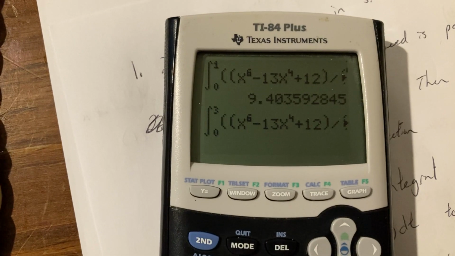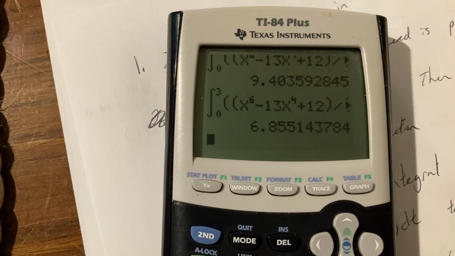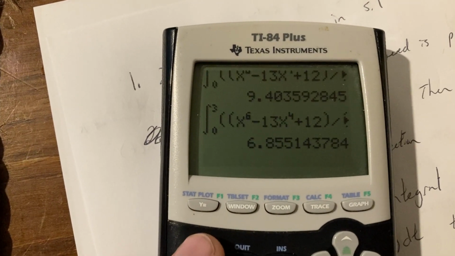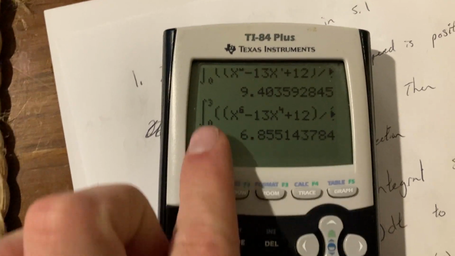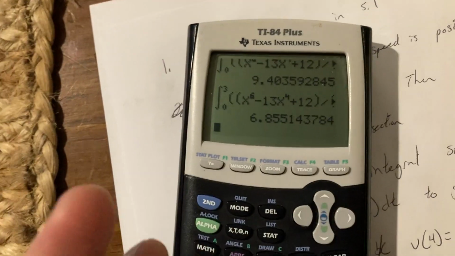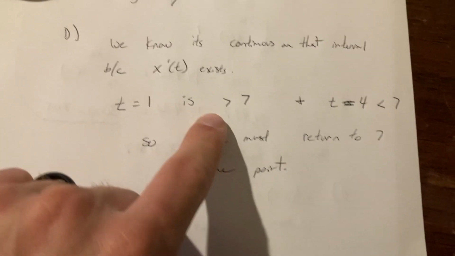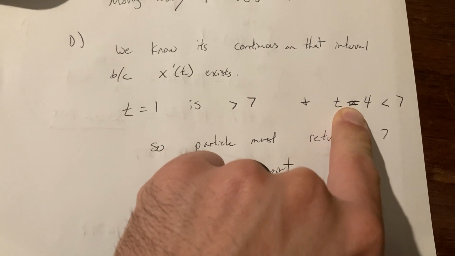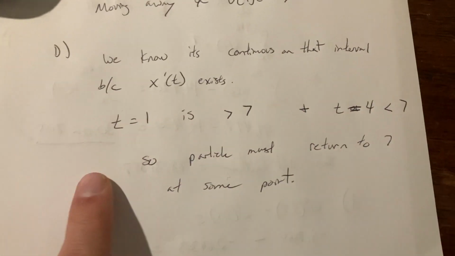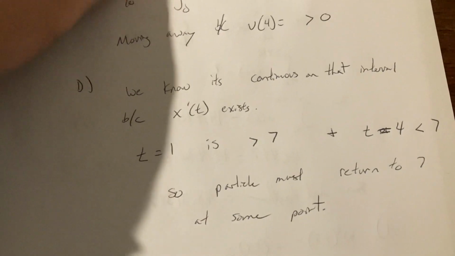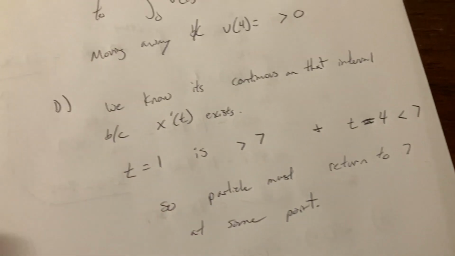Here's 3. See, 3 wouldn't have done it. We'd have been like, I don't know, but we're just plugging it in and guessing. But because at 1 it was greater than 7, we knew we were good. So then it's just like, okay, at 1 it is greater than 7. At t equal to 4 it is less than 7, so the particle must return to 7 at some point in between 0 and 4. So there it is.